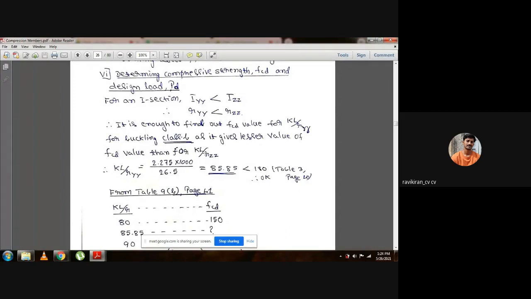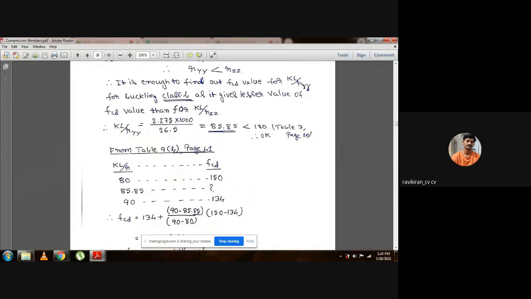For buckling class B, as it gives lesser value of FCD, what is that? KL by R. Length is 2.275 meter. In terms of millimeter, multiplied by 1000 divided by RYY, which is 26.5, will give us 85.85.